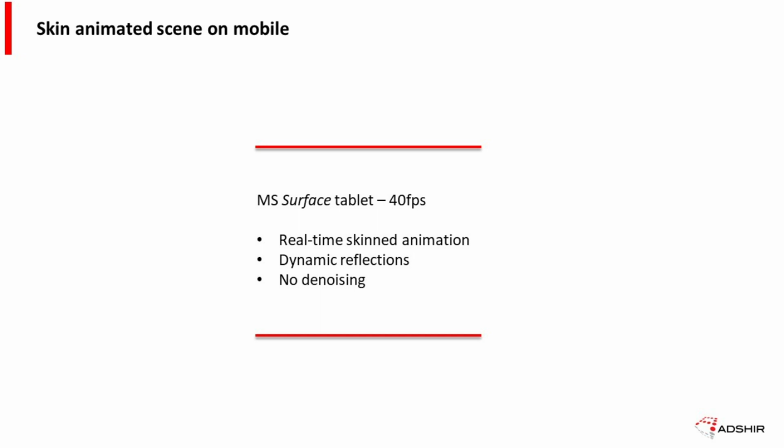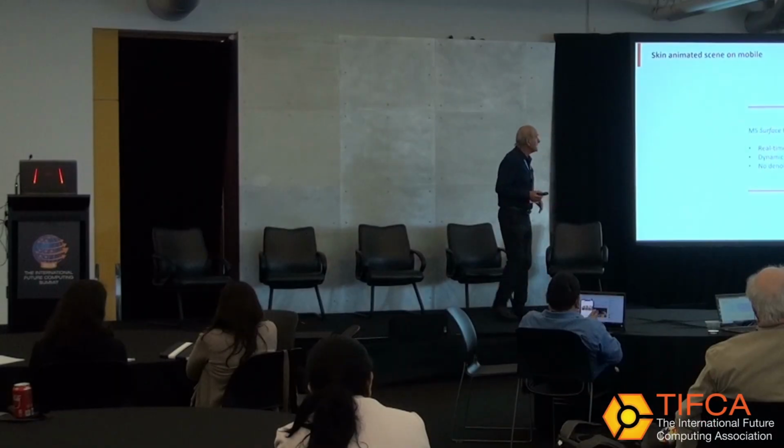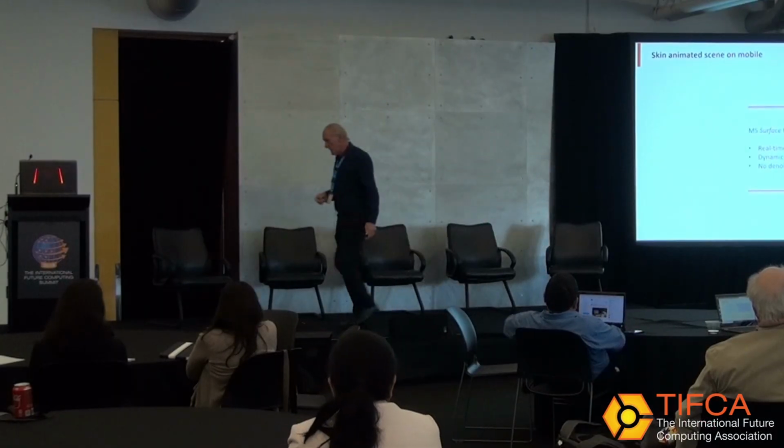You will see this video is a demo that will be shown later on, at 6 o'clock I think, here. 40 frames per second. You will see real-time skinned animation, dynamic reflections reflecting all over, and you will see that there is no noise. So this is on a tablet.